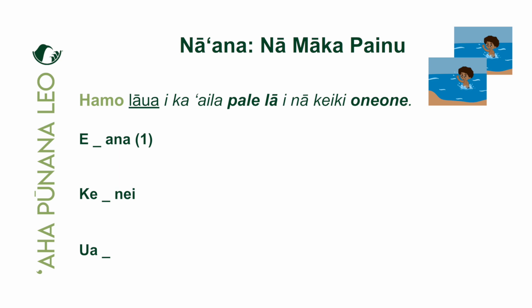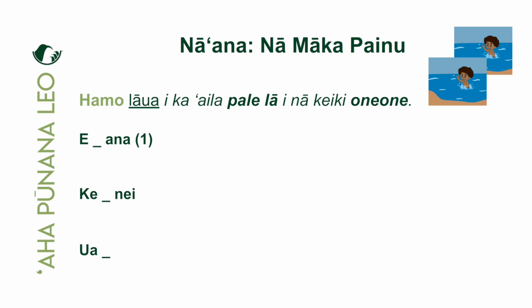And who's receiving the action of being rubbed? Na keiki one one, and again we have one one in bold, and one one means sandy. Yeah, like they have sand all over them. And these keiki who are in the kai right now, I'm pretty sure that they have some sand on top of them too. Okay, so mai kai.